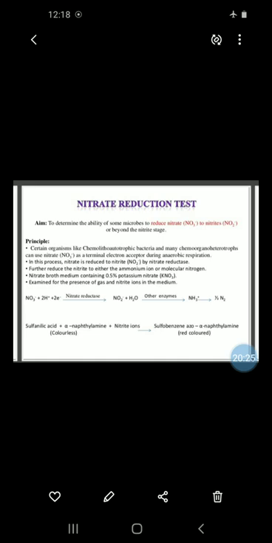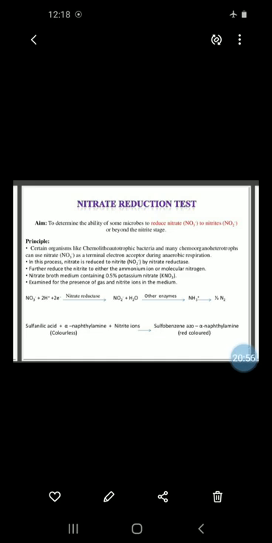Certain organisms like chemolithoautotrophic bacteria and many chemoorganoheterotrophs can use nitrate as a terminal electron acceptor during anaerobic respiration. Keep in mind what I am saying.